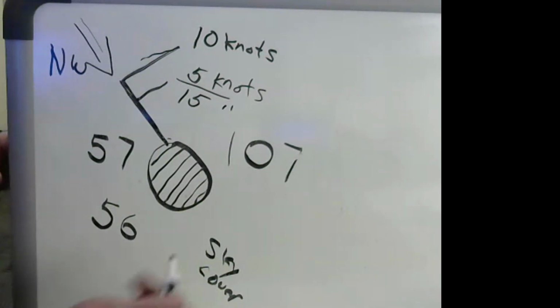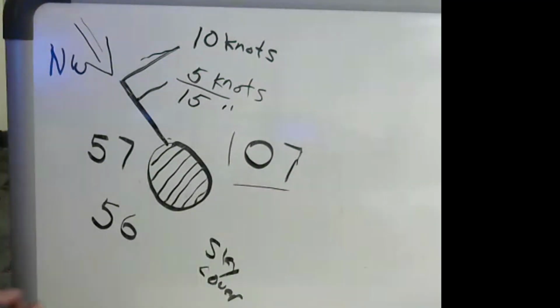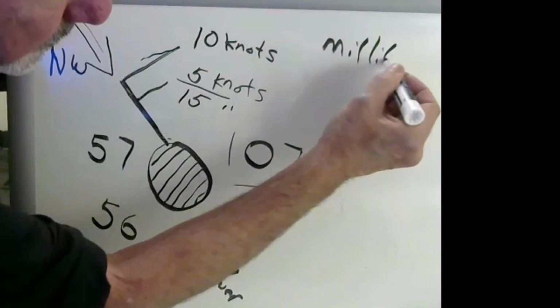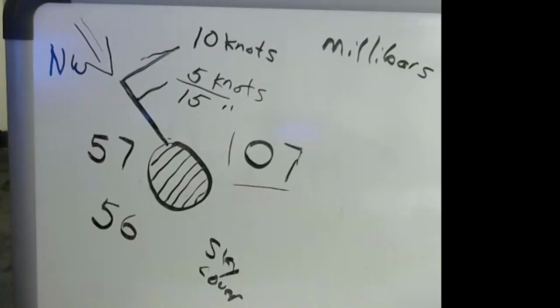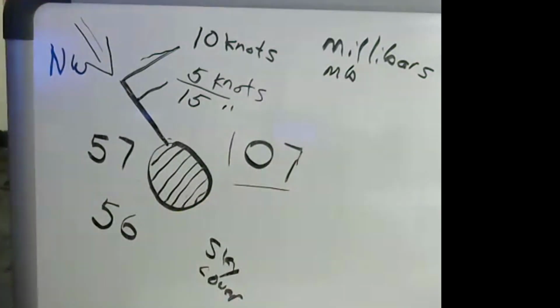Now this is very important over here, and this is the only one that's a little bit tricky. This is going to be giving you the current air pressure. On the surface weather maps that you're going to be looking at in 2A, you're going to be seeing air pressure a lot. Air pressure is given in what we call millibars. For those of you familiar with the metric system, a millibar is the equivalent of a hectopascal, but we also use just MB after the number.